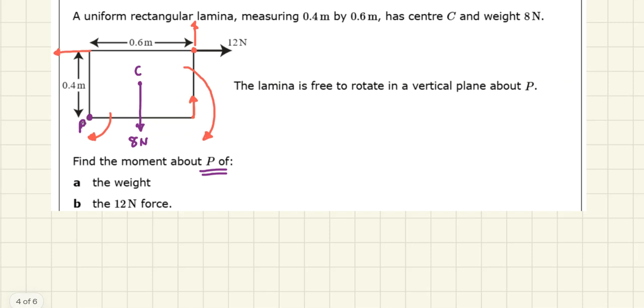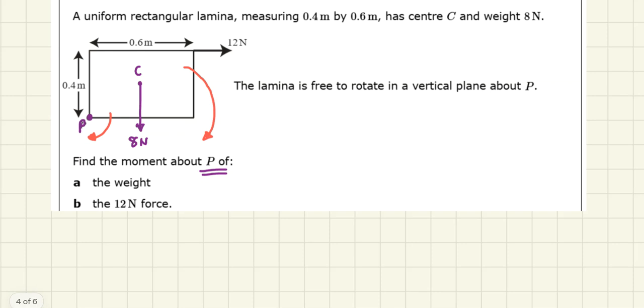It's like trying to open the door by pulling on the hinge. Even if there was a handle there, I can't do anything, can I? Never going to be able to open this door by holding the hinge and pulling. There has to be some distance away from the pivot point. All right? So in this question, we have absolutely no anti-clockwise.